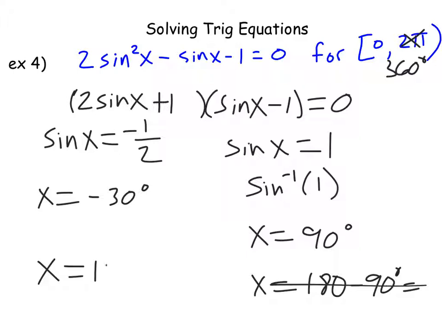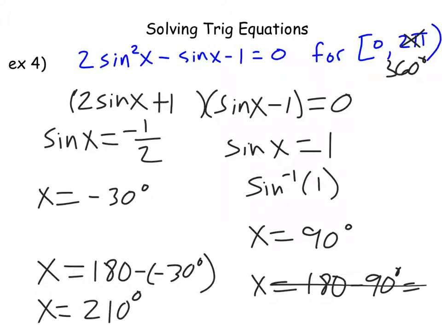However, if I want to use our little rule to get the second possible set of solutions, that's the number that I have to use. That's why the calculator gives it to us, it works with the rule for inverse sine, because then notice we get 210 degrees, and that's a different solution that we haven't seen before, and it's between 0 and 360. So it's one that we want.